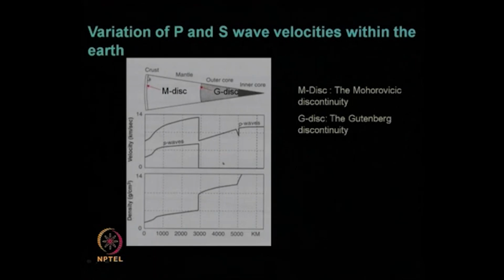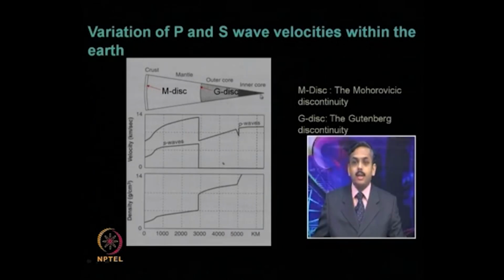This very thin layer is nothing but earth's crust, followed by a mantle, followed by outer core and then inner core. Now, the boundary between this crust and mantle is called M discontinuity, or the full name is Mohorovičić discontinuity.